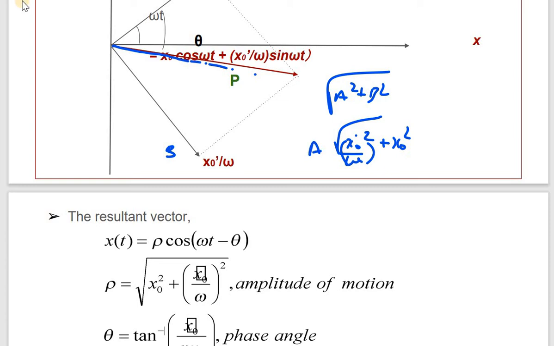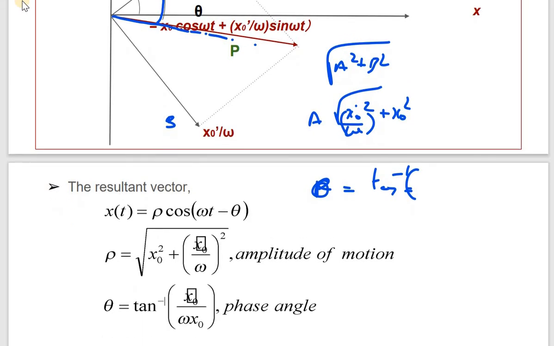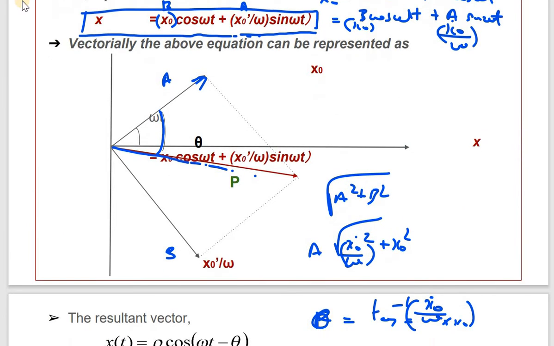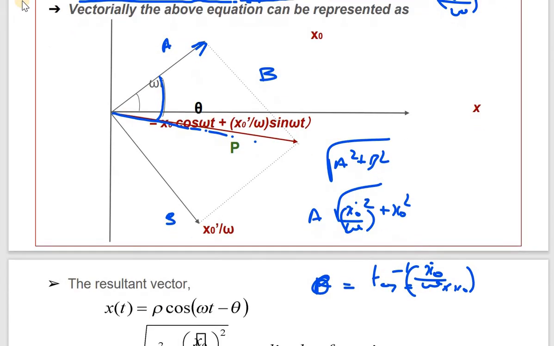That is the amplitude. Then the phase, this theta, is represented from here to here, and it is equal to tan inverse. Sorry, this is b and this is a.